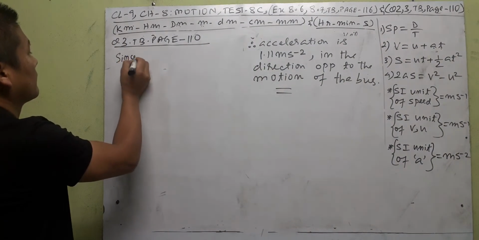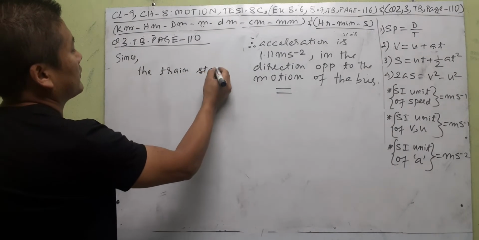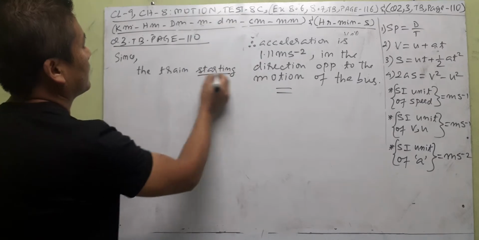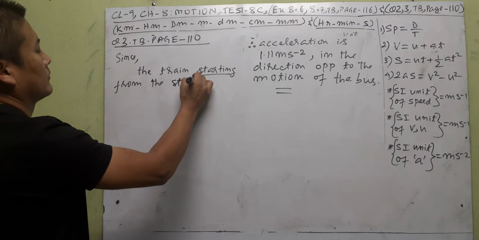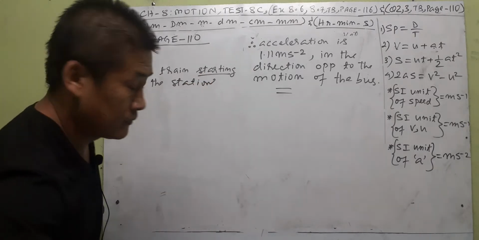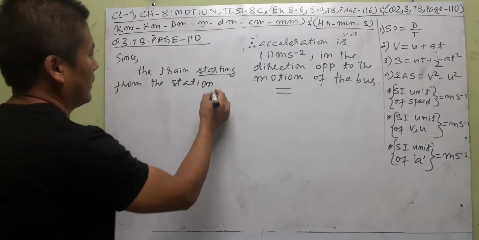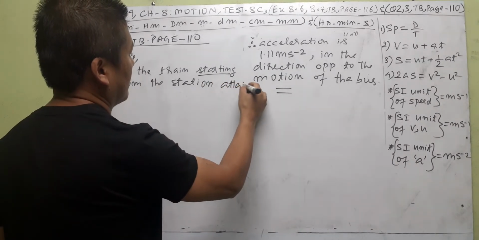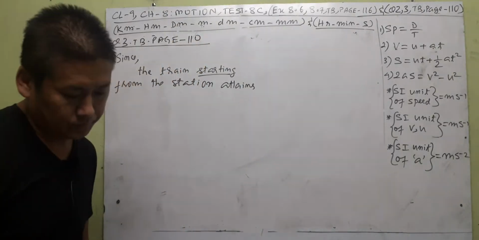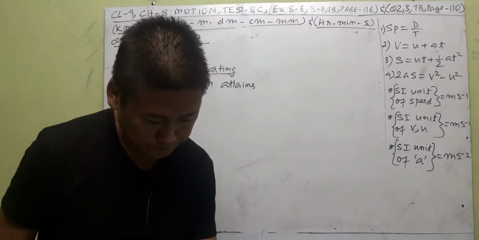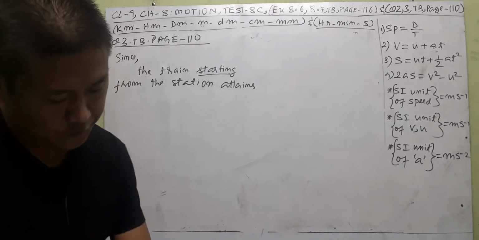The train starting, this word is going to be very important here, starting from the station, attains, okay, starting from a railway station, attains a speed of 40 km per hour.